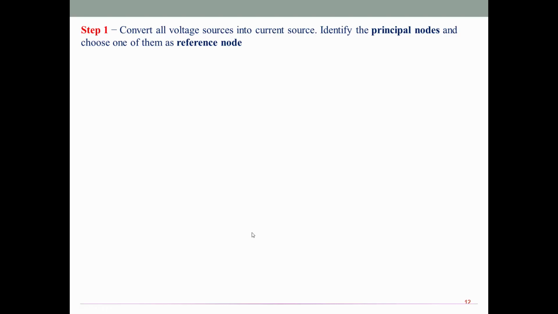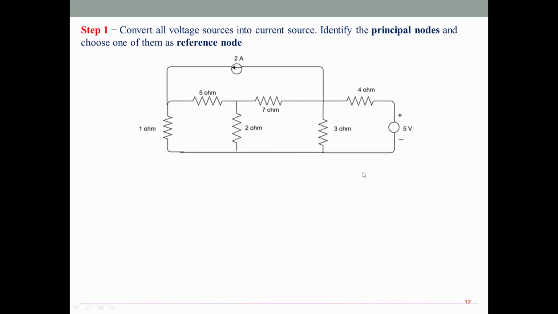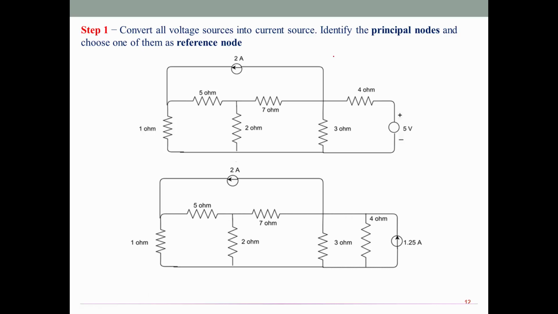Then, as usual, go for step number 1. Since I am going to use the matrix inspection method, I want to make sure that all sources are current sources. I have one voltage source here, so I have to convert the voltage source to a current source. Have a look at this portion.